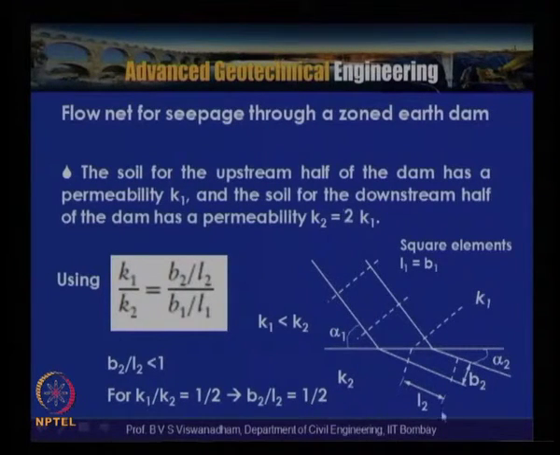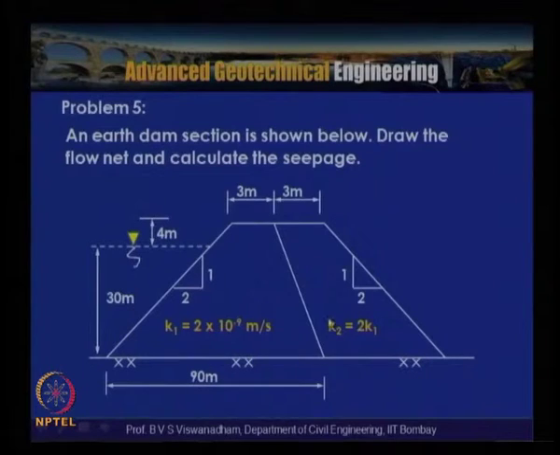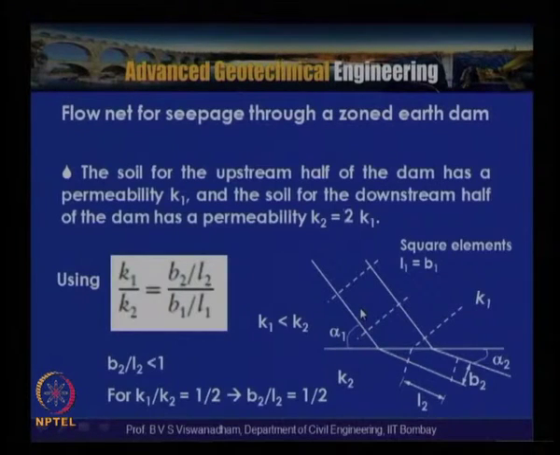So the breadth to length ratios will be 1 by 2, that is, on the downstream side you will have rectangles with breadth to length ratios 1:2. By using this concept, the flow net for the seepage through a zoned earth dam having 2 different permeabilities can be constructed.